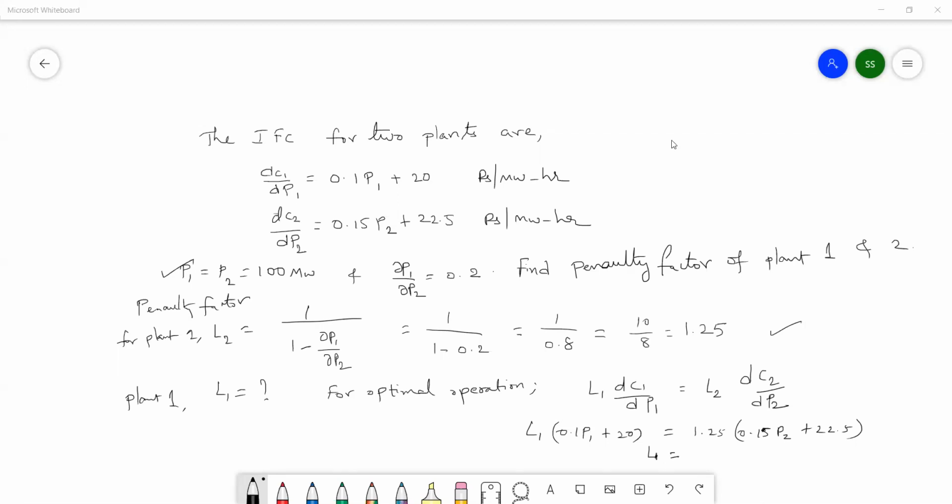Is there any other answer? 1.56 is the penalty factor for plant 1. Sirisha, you can check once more. It's 1.56. Okay, sir.